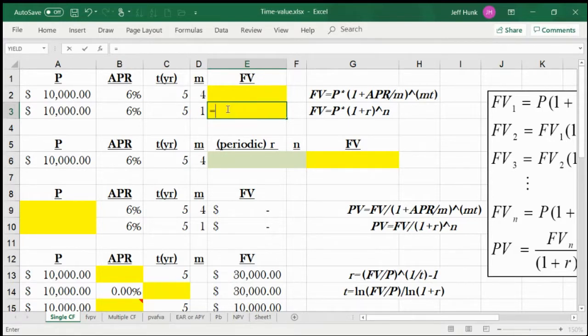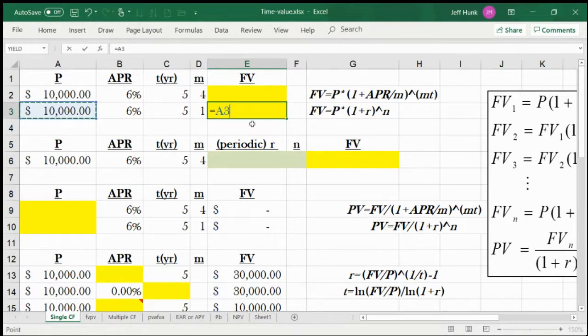But then how do you find future value? Well, you build the formula into this cell. Literally, future value is equal to, then principal, this is the principal. You just click it in.